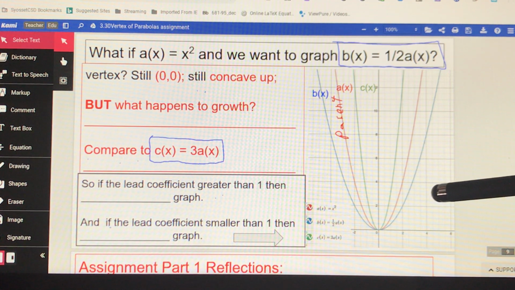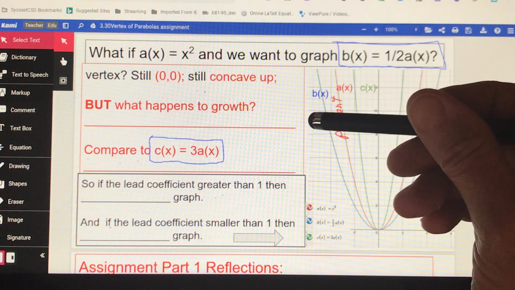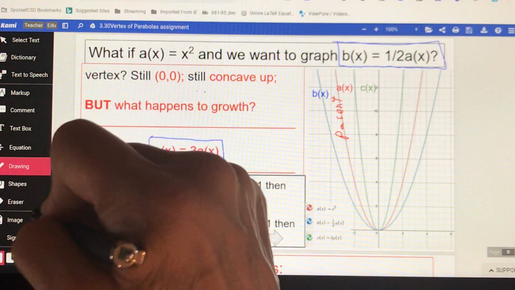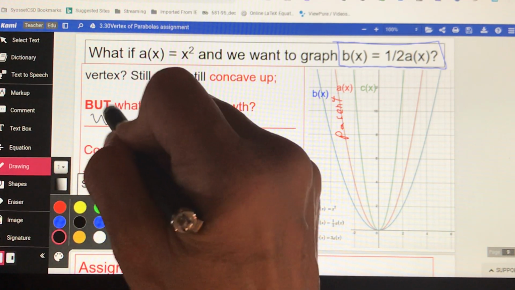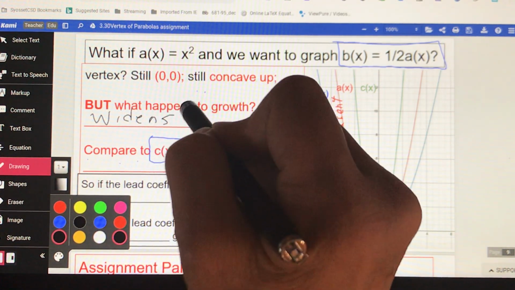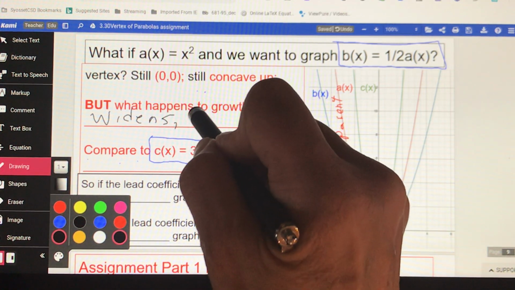What would happen to the growth if we made it half? Well, you can see here that b of x is actually wider. The parabola shrinks by 1/2.